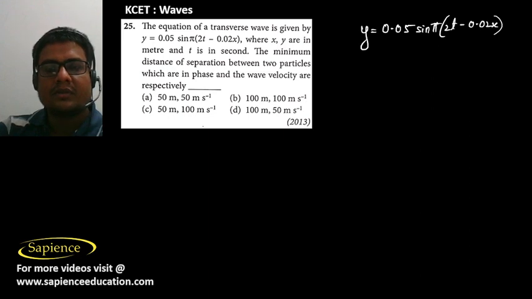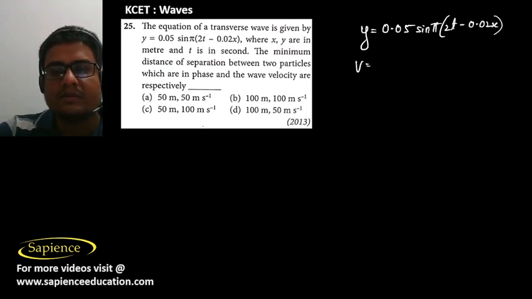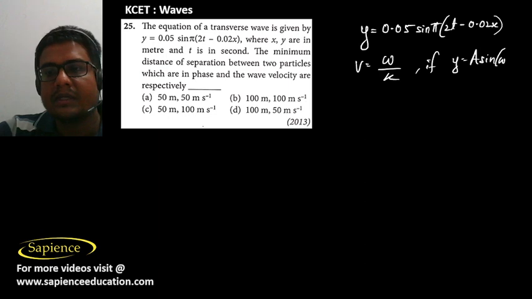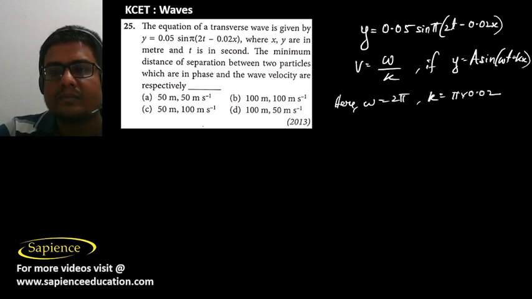So the wave velocity is given as omega by k, if the equation of the transverse wave is given as y equal to a sine omega t minus kx. So here omega is given as 2 pi and k is given as pi into 0.02. So k is in meter inverse and omega is in per second.